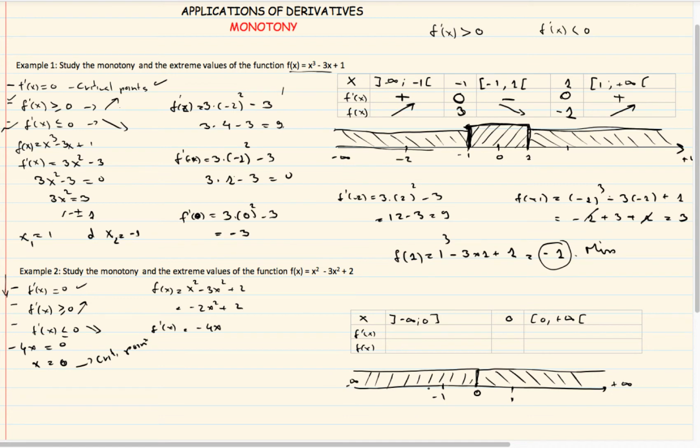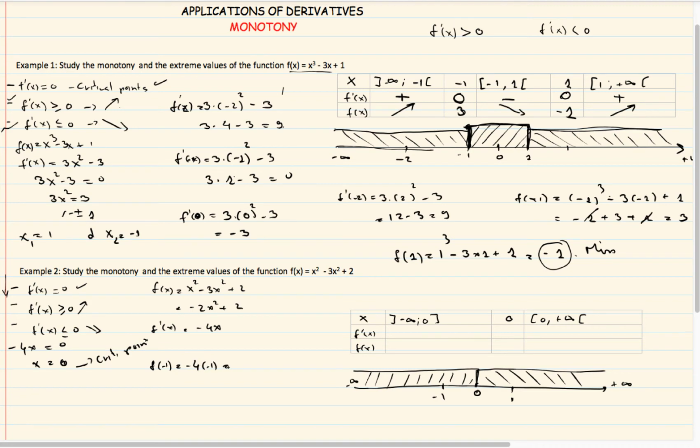Testing for the first interval will be minus 1. So if I replace in this derivative, in all the places I have x, by minus 1, I have to check if it is going to be positive or negative. So I will have f dash of minus 1 is equal to minus 4 into minus 1.